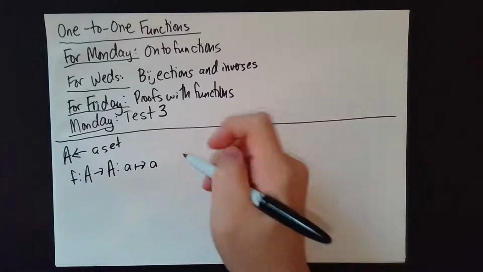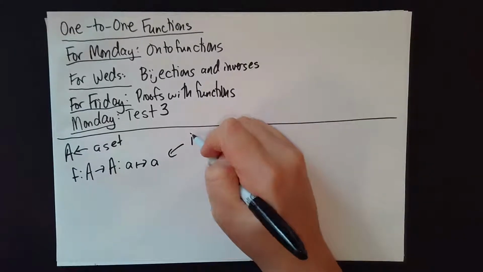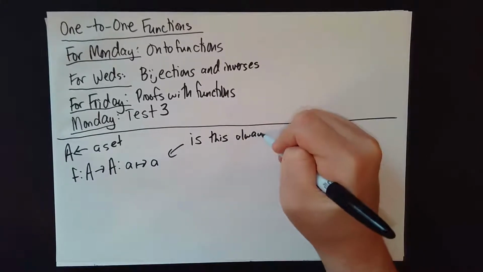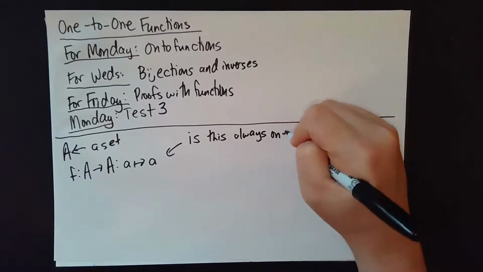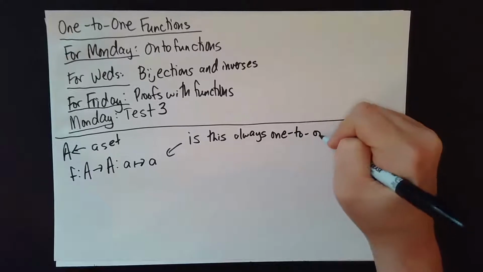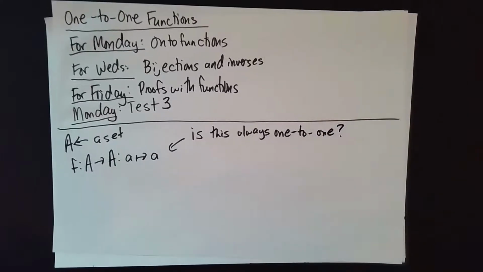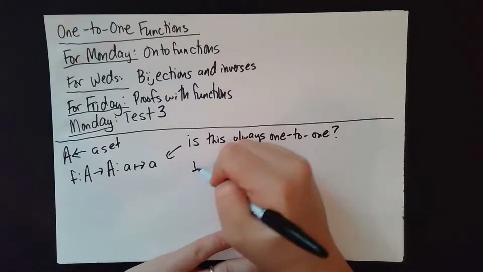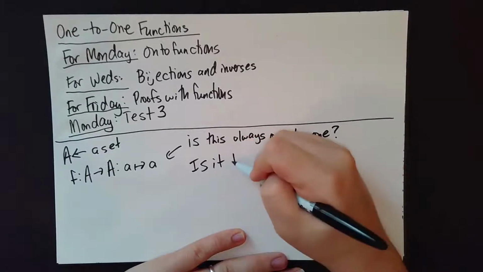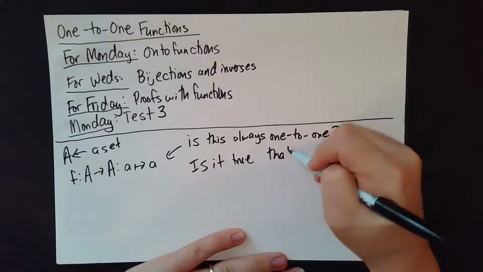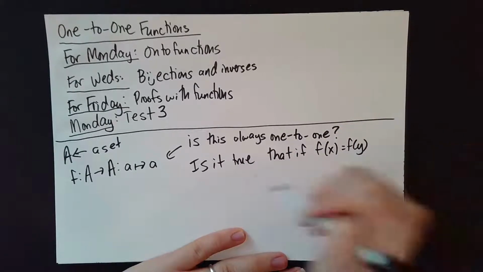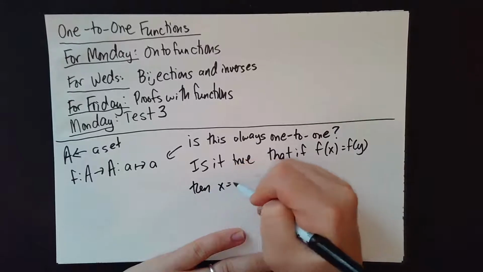And so the question is, is this function always one-to-one? In other words, what this is asking is, is it true that if f of x equals f of y, then x equals y?